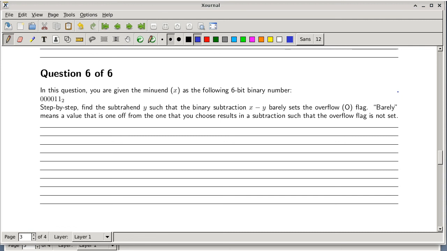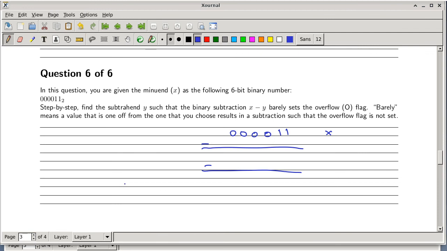Okay. So let's reformat this question first because we'll probably need to look at the longhand subtraction. So we are looking for something like this. 000011 is our x. We are looking for some y, so the second row is not known. And we want the overflow flag to be set.